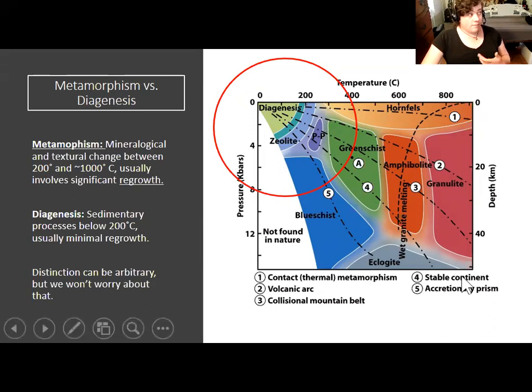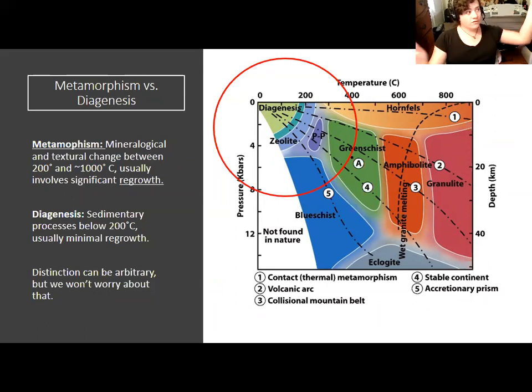Likewise, there's a bit of a fuzzy line when you get to very high grades of metamorphism, which relies on the minerals being decrystallized and recrystallized. If you go much higher, you simply get partial melting. Very high grade metamorphism is actually a lot like a very low grade form of partial melting, which isn't something you need to worry about a whole lot, but it's just interesting to think about how there is a bit of this spectrum.